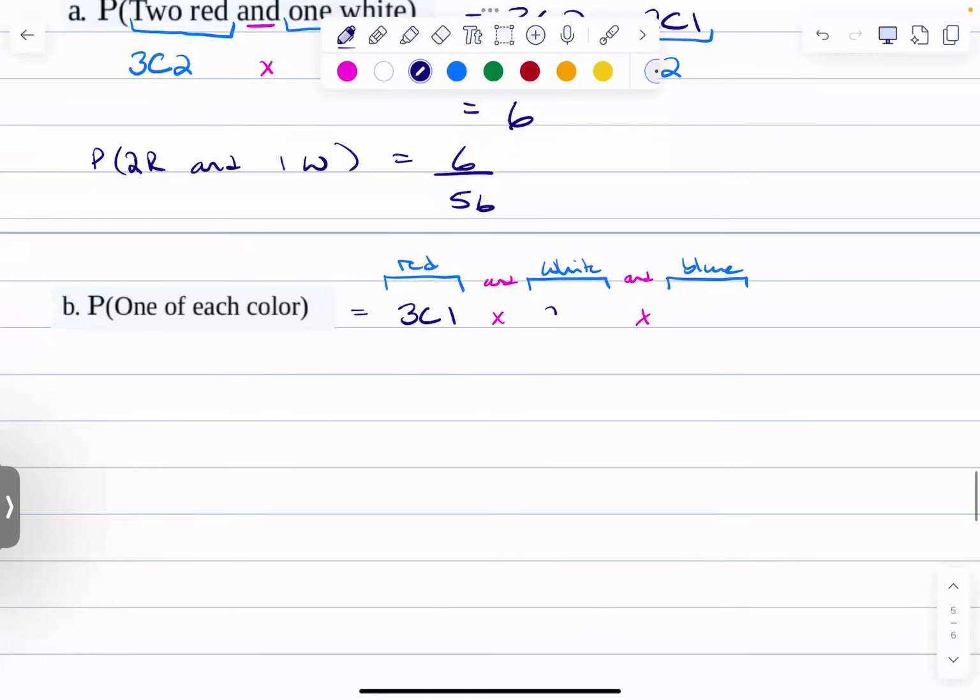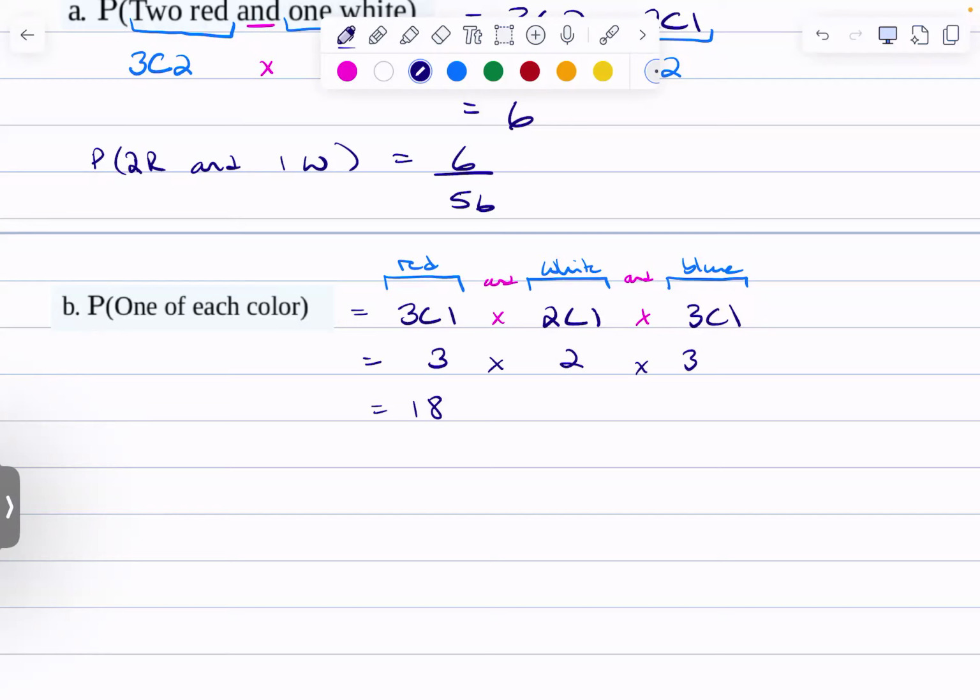Okay. 2 choose 1 and 3 choose 1. 3 choose 1, you can try it, is 3. 2 choose 1 is 2 and 3 choose 1 is 3. 3 times 2 times 3 makes 18.